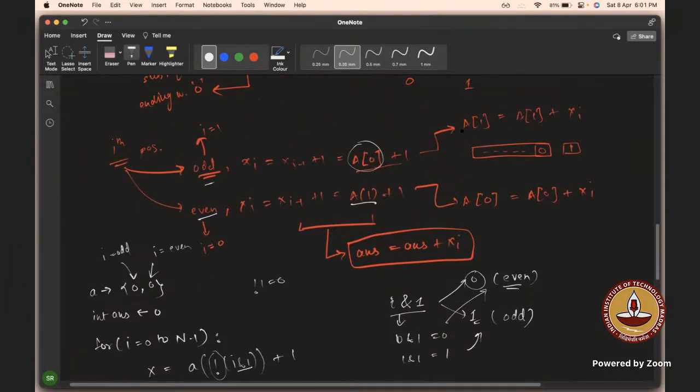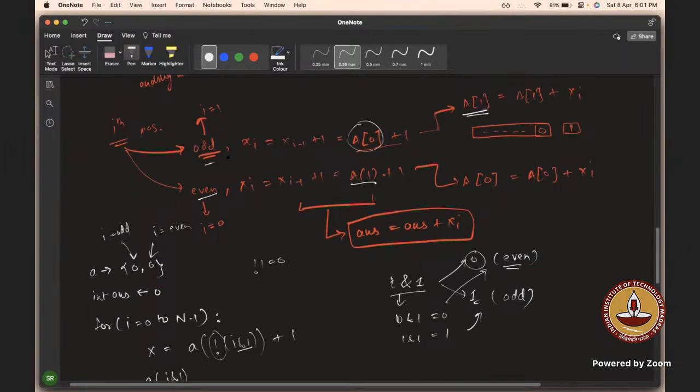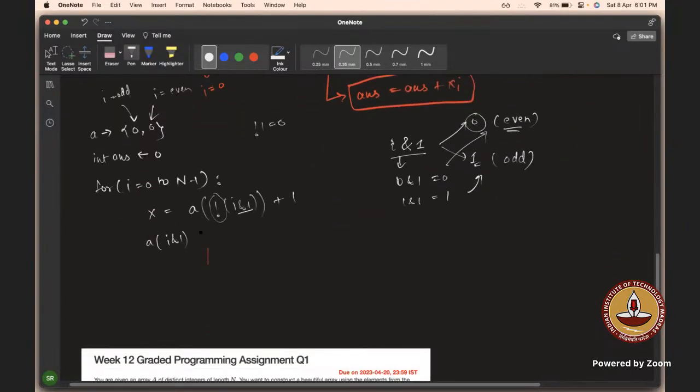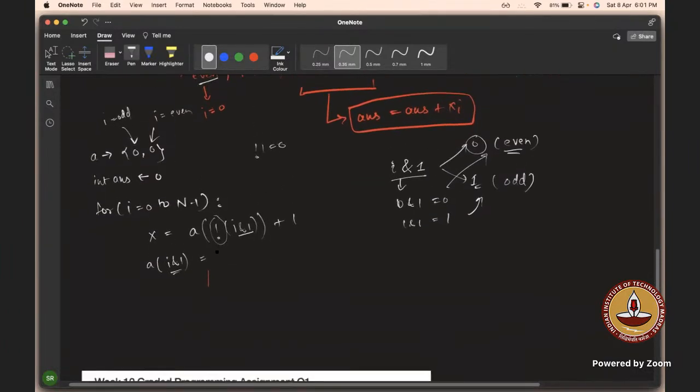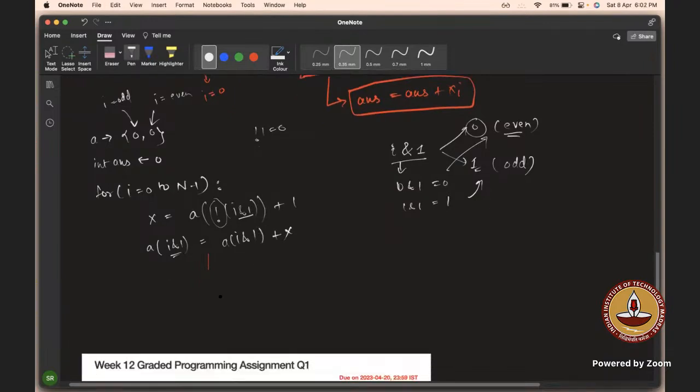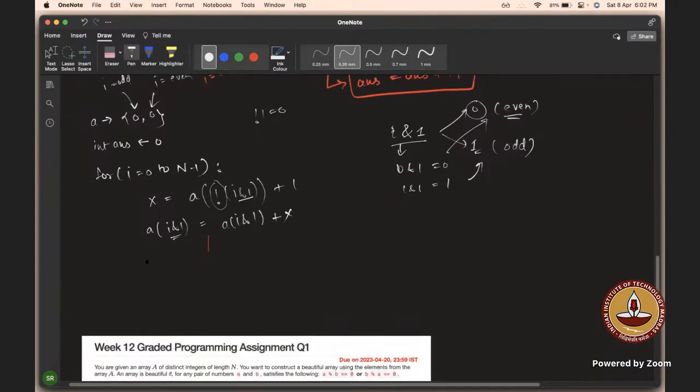Once we have done this, we have to update A1 for the odd operation, right? So here we don't take any NOT, we take AND and we don't take any NOT. And we just update. And we update our final answer also by x.